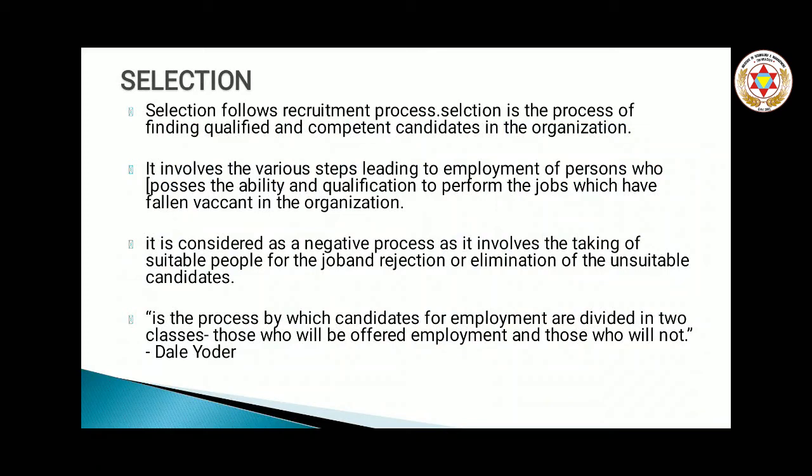Selection is the process of finding qualified and competent candidates for the organization. It involves the various steps leading to the employment of a person who possesses the ability and qualification to perform the jobs which have fallen vacant in the organization. It is considered a negative process as it involves taking suitable people for the job and rejection or elimination of the unsuitable candidates.